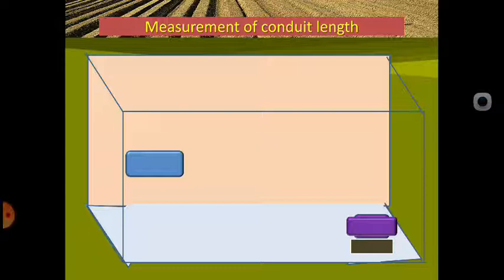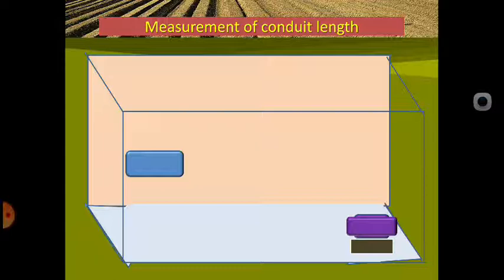We have to place our motor at this corner, 1 meter from this side and 1 meter from that side. From the extreme left to here it is 4 meters, and from that side to this side only 2 meters. 1 meter is provided for ventilation.